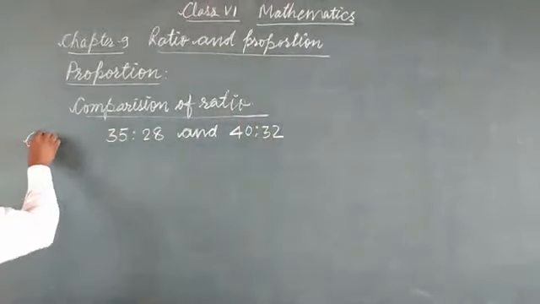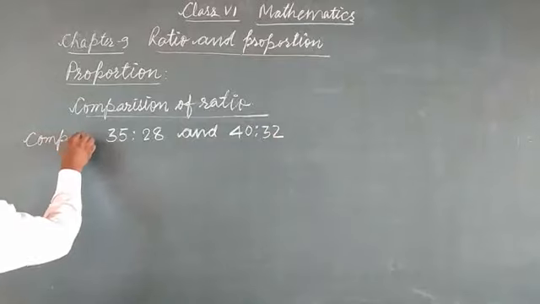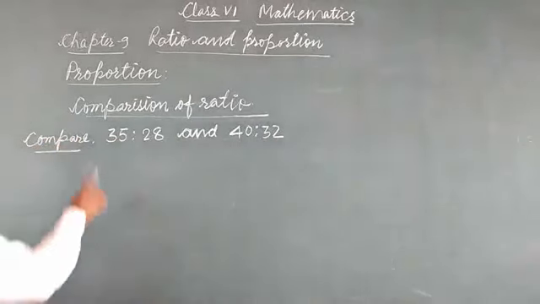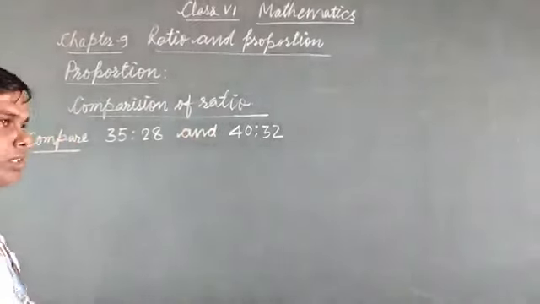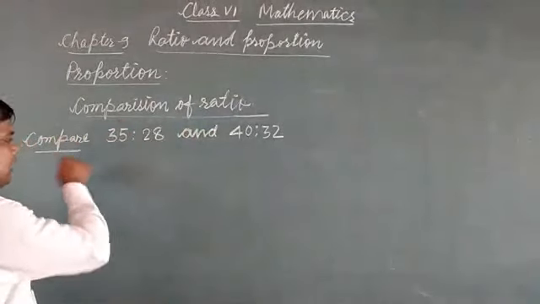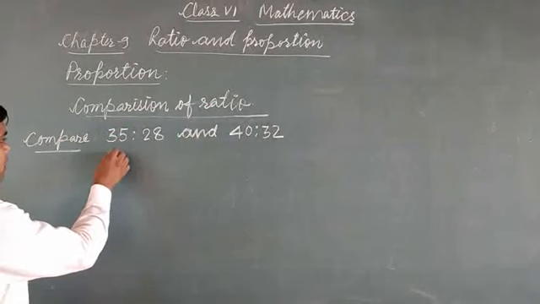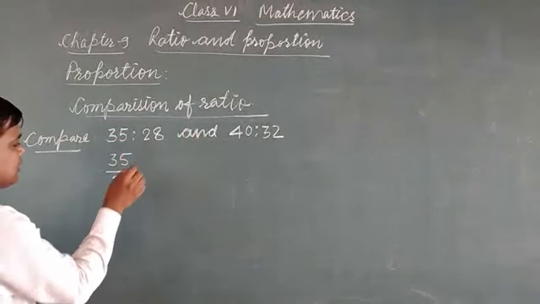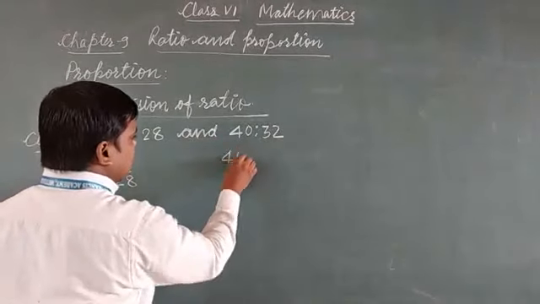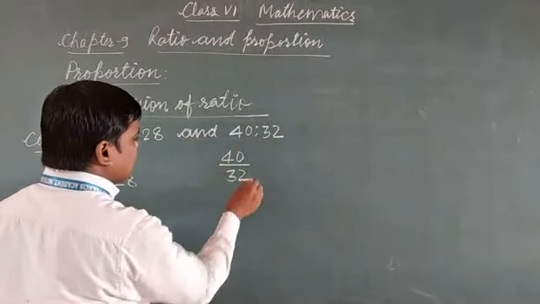We have to compare these two ratios. So first of all, we will write these ratios in fractional form. 35 by 28. This can be written as 40 by 32.